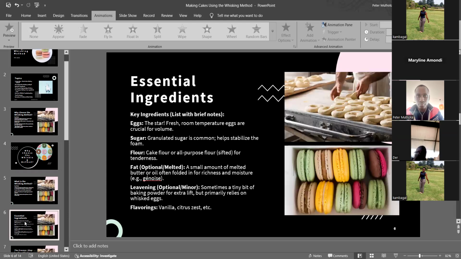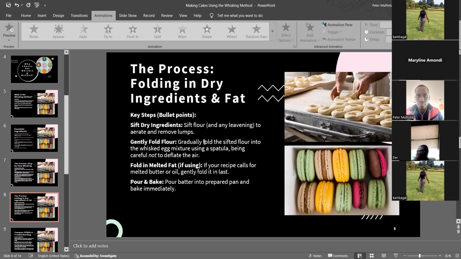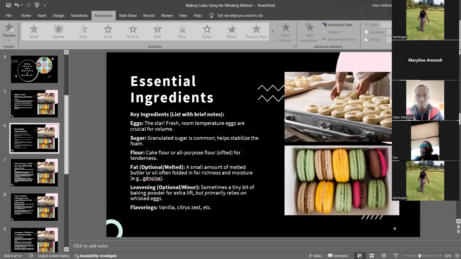I want us to look at the essential ingredients used in preparing cakes using this cake making method. The essential ingredients are the eggs, the sugar, the flour, the fat, as well as the flavoring.